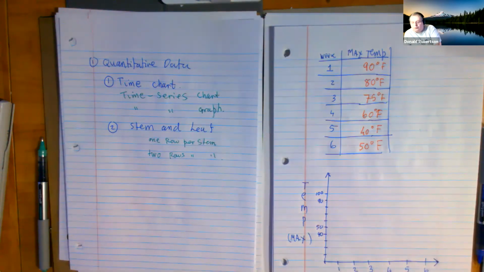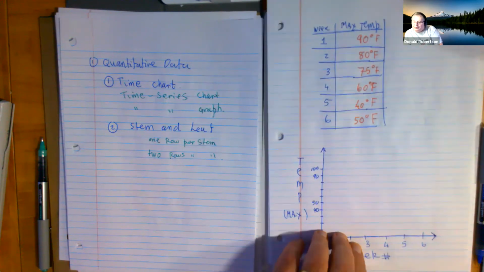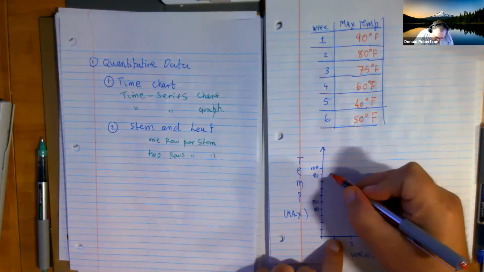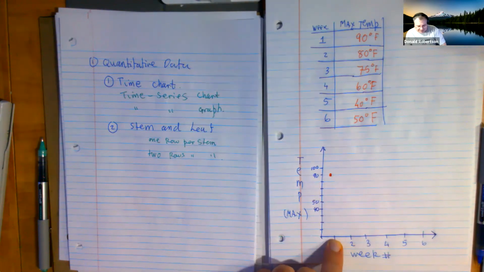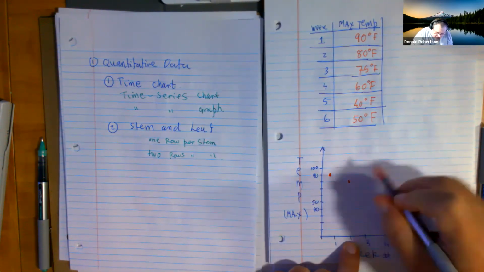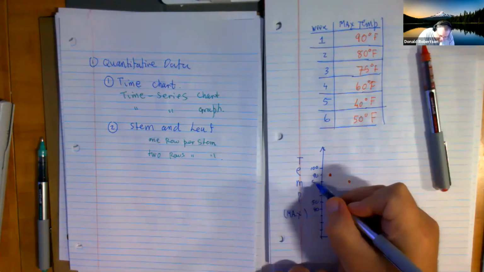And if you've never done one of these, I think you probably have a really good guess at what I'm about to do. Do you think you've got a really good guess at what I'm about to do? So let's see if it matches what you think. In week 1, you just put a dot at 90. In week 2, you put a dot at 80. So I guess I should put that in. There we go.